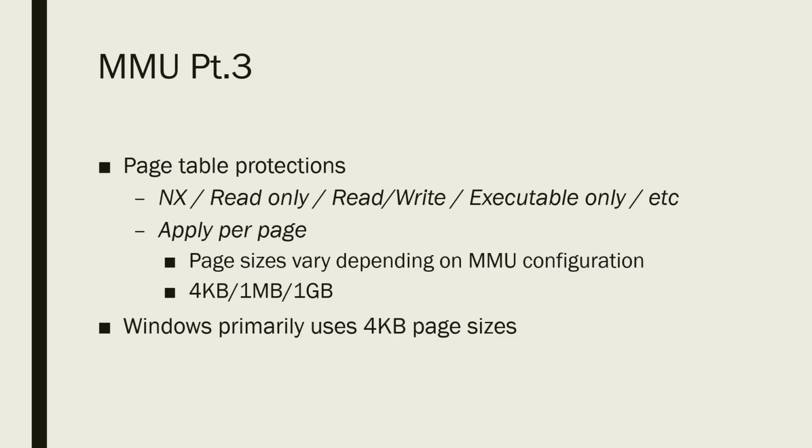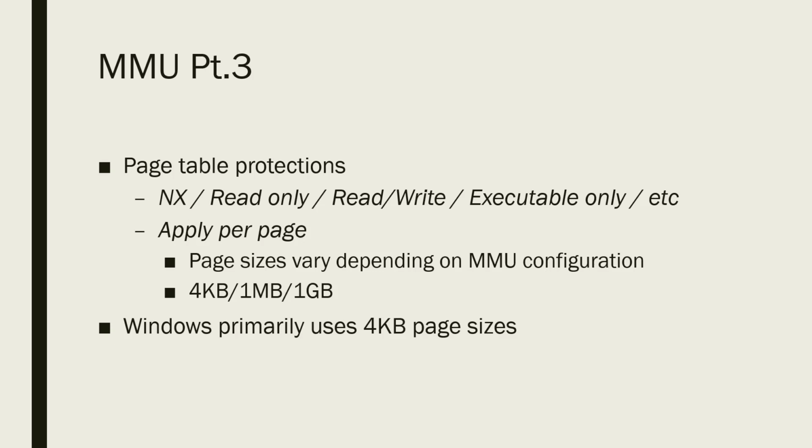And when we talk about a page, a page is a slice of memory, so to speak, with the page size being the size of a single allocation that a CPU can do.